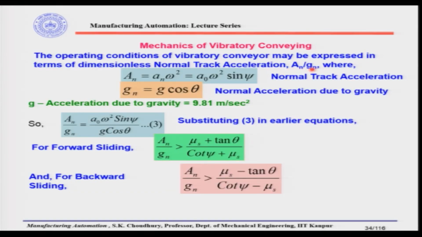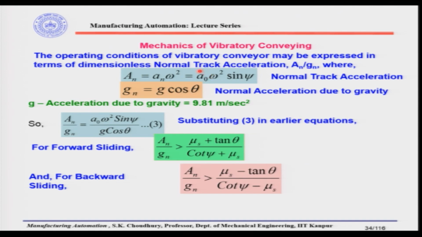Now, this an by gn can be found out because an, which is the normal track acceleration, is given by A0 omega square sin psi, and gn, which is the normal acceleration due to gravity, is equal to g cos theta. G is the acceleration due to gravity.